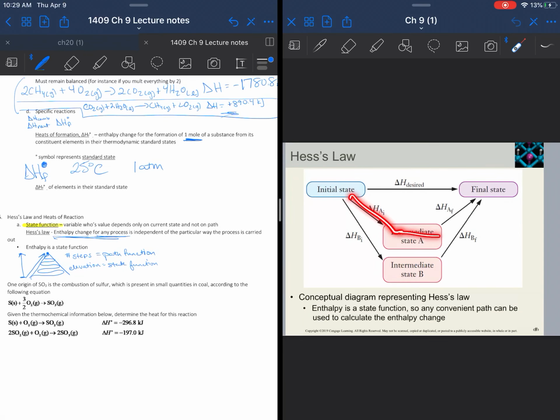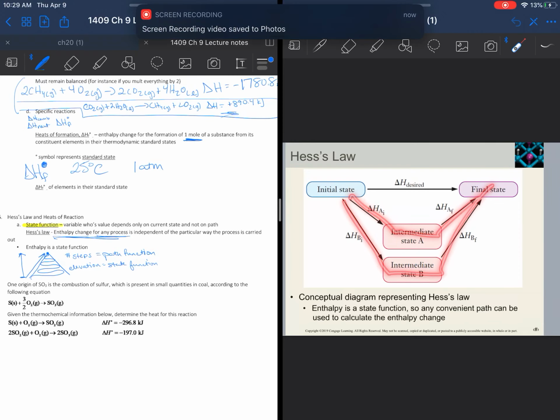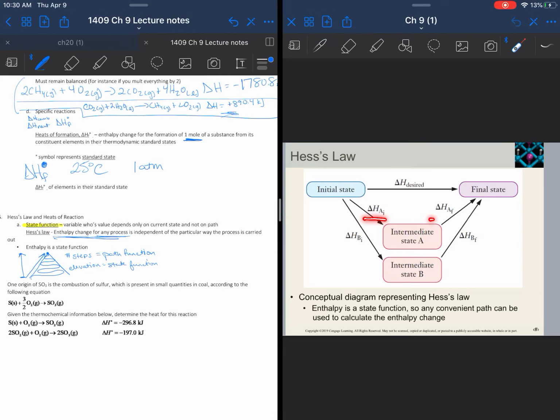But what order the bonds broke and what order they formed, it can lead to different intermediates. Maybe you broke it all the way down to the elements, came back up to the products. It doesn't matter which path you took, the overall delta H is going to be the same.